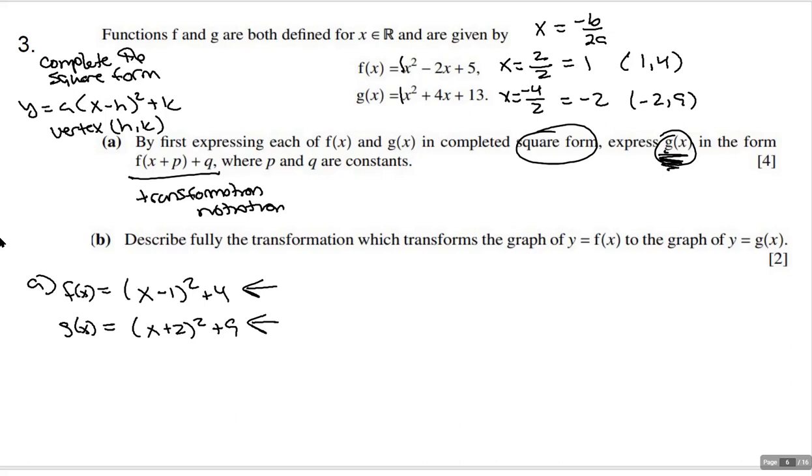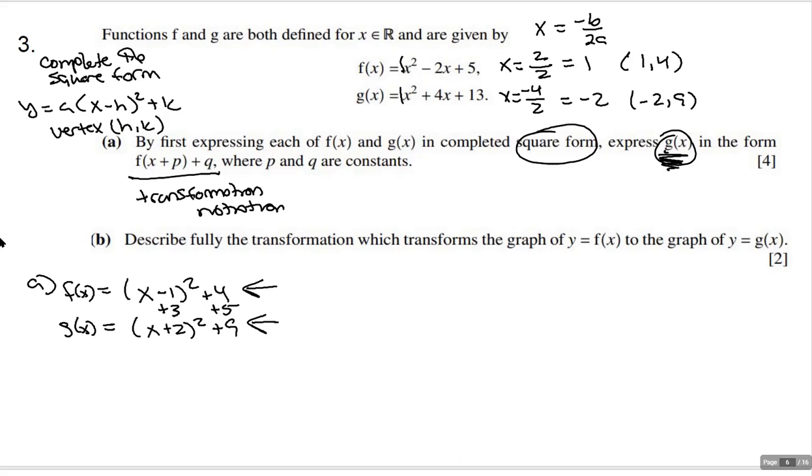So all we've got to do is take a look, and what's the difference? How do I get from -1 to +2? Well, I would add 3 to this. -1 plus 3 is going to be 2. And then how would I go from 4 to 9? I would add 5 to it.